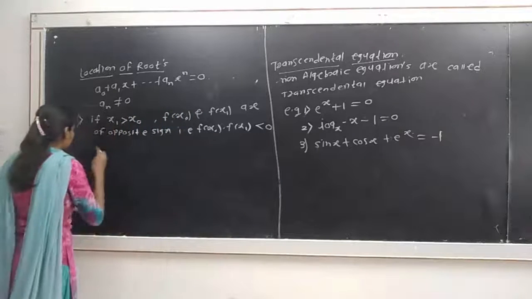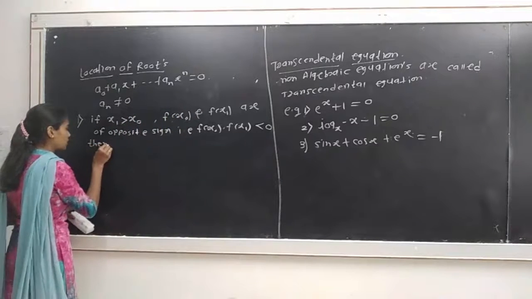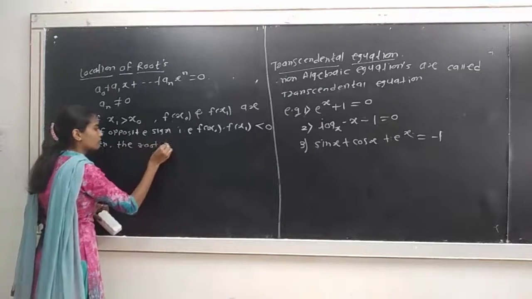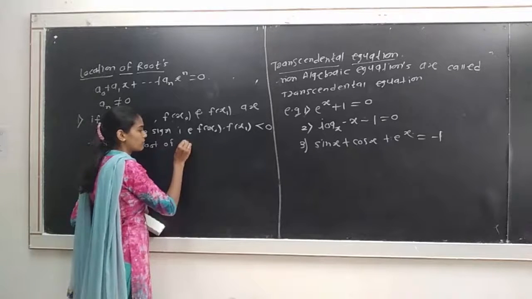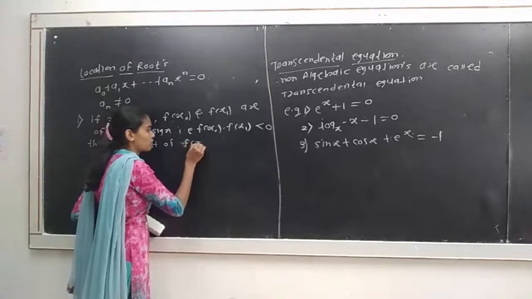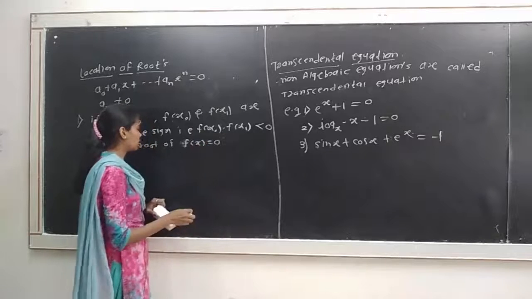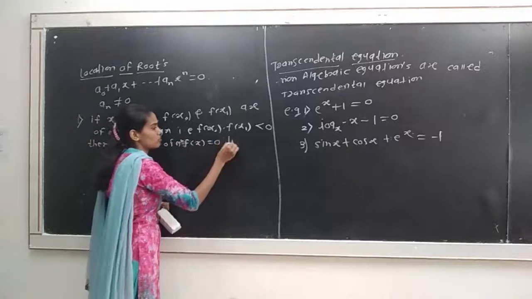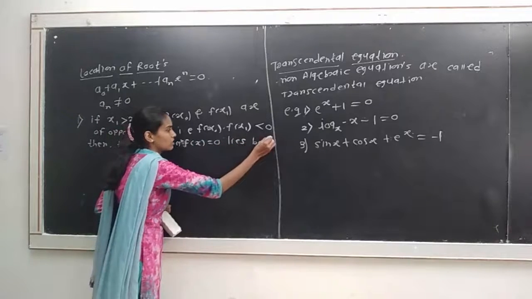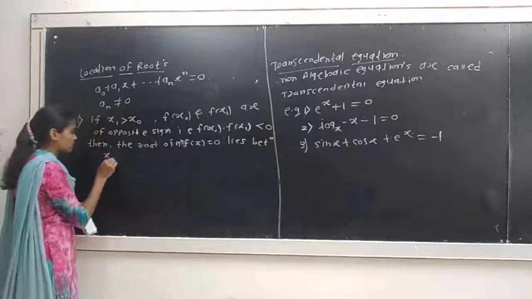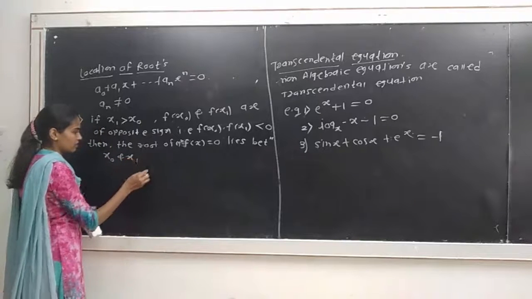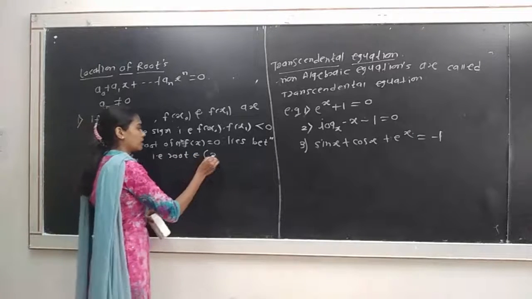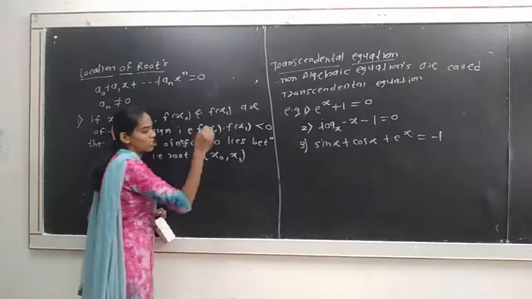Then the root of the equation f of x is equal to 0 lies between x0 and x1, that is, the root belongs to the open interval x0 comma x1.